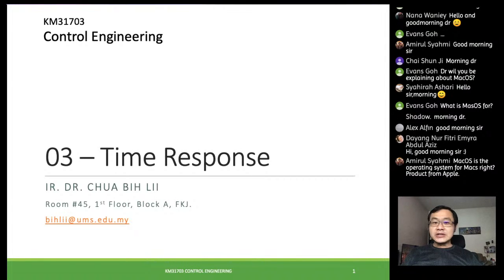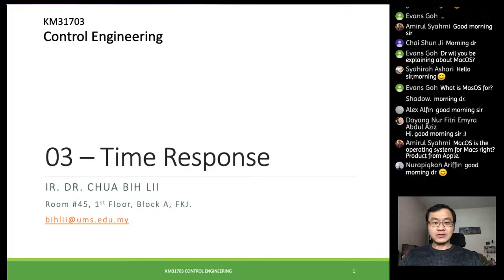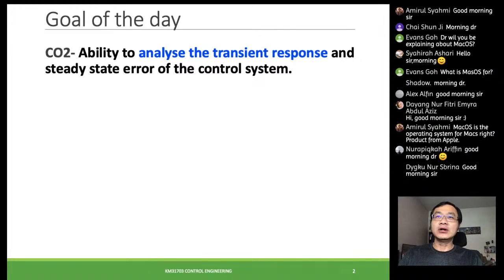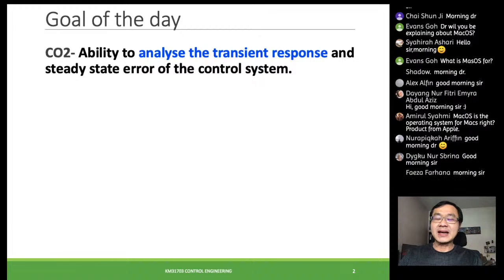Okay, so today we will cover the topic called time response, right? From the previous sessions, we have mentioned how to model and convert the model, mainly the mechanical model, into transfer functions, right?